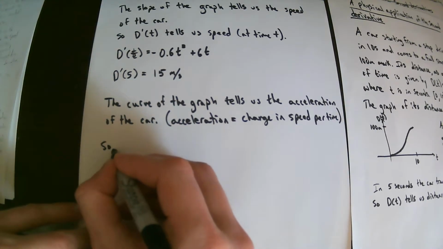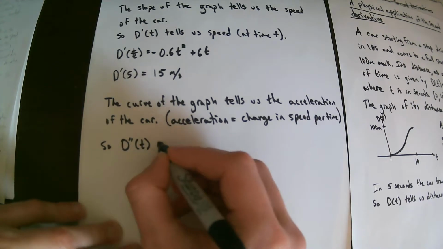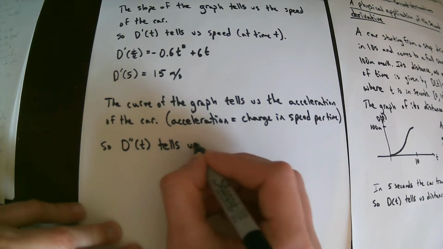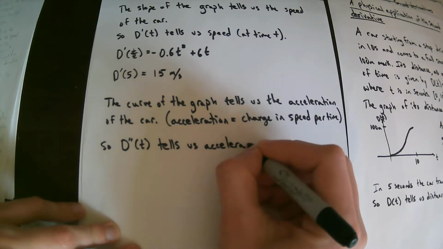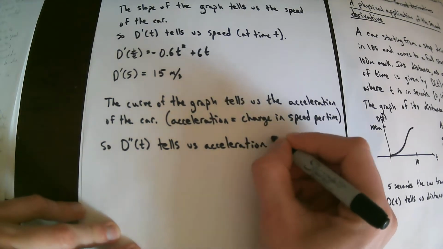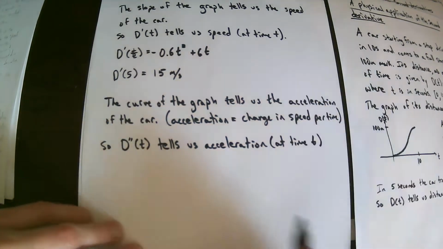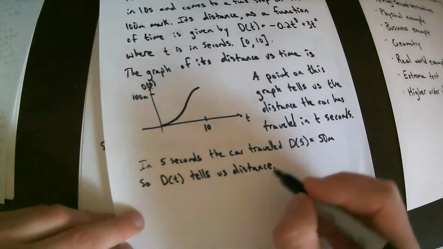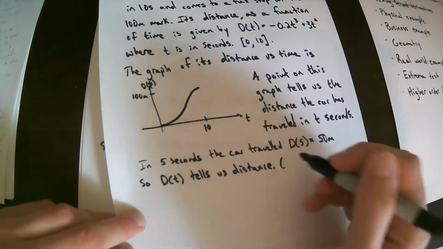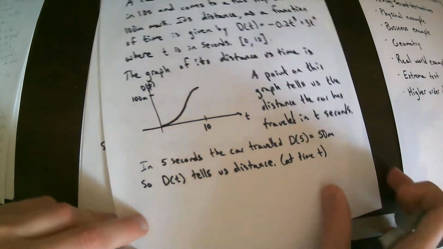So, the second derivative of t tells us acceleration at time t. Acceleration. All of these are at time t, that's implied, it's a function of time. So back here I could have written that here too, so d of t tells us distance at time t. That's implied, but I'll go ahead and write it.